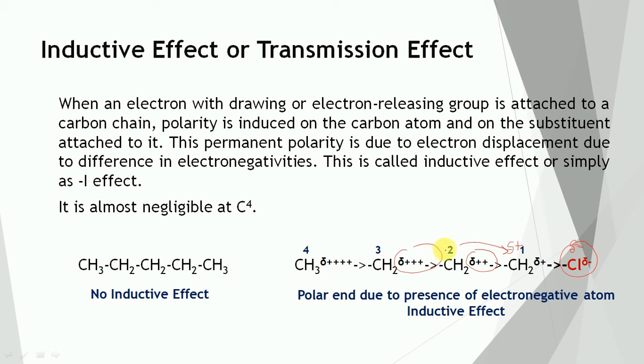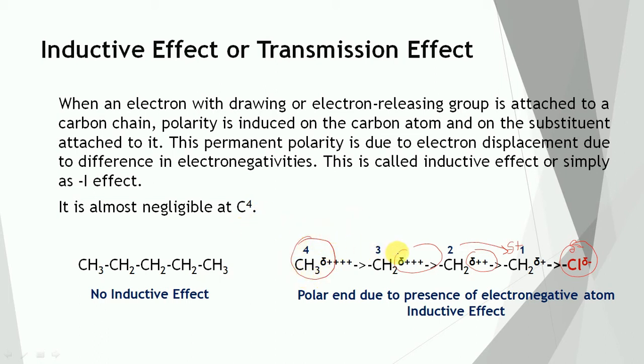Inductive effect is sometimes also called transmission effect because it is transmitted through the bonds constituting the chain of atoms. It should be noted that the effect along the chain of atoms is not the same throughout. It decreases sharply as we move away from the initial polar bond, and it is almost negligible at carbon number 4.